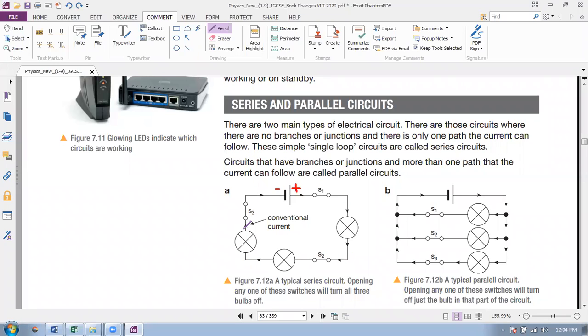So when current comes out from the positive terminal through the wire, this is a switch. It's a closed switch. It means on. The switch is on, so the bulb is lighted. Another switch, this switch is also on, so current can go through the bulb, and another switch is also on, so current can go through.